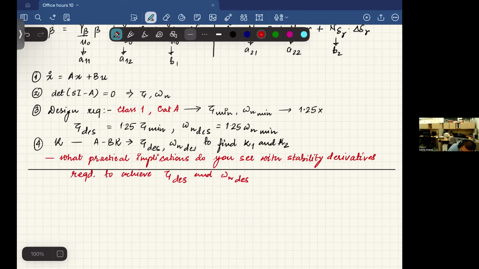So basically you have to do the back calculation as well a little bit.